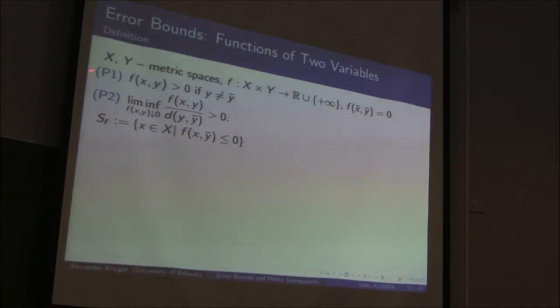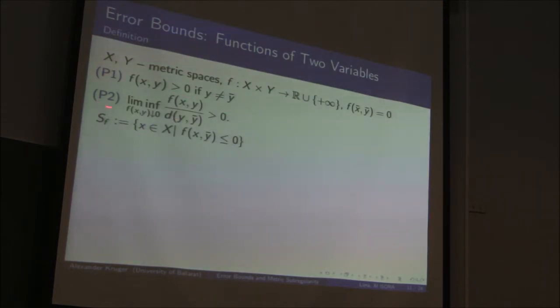Two assumptions. If y is not equal to y bar, then f of x bar, x, y is positive. So it means that the solutions of this inequality can be found only when y equals y bar, which is written here. So it doesn't matter whether I write y bar or y here, thanks to the first assumption.